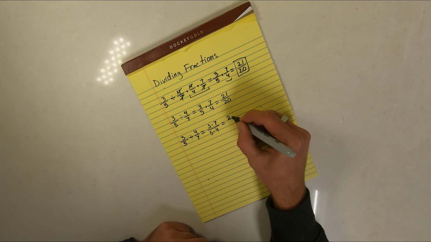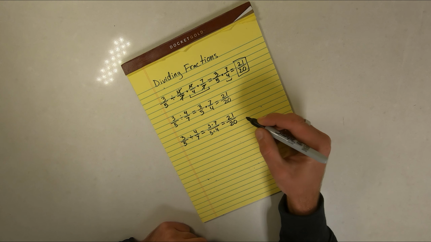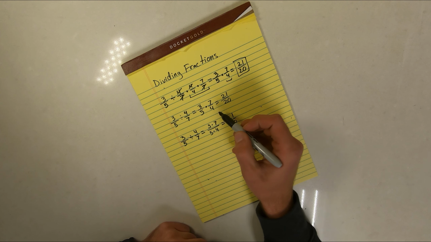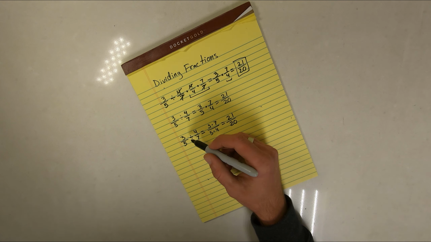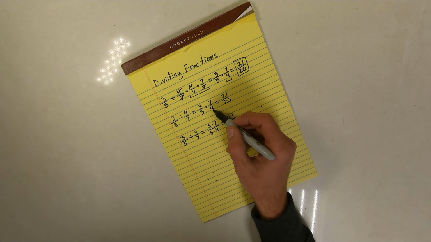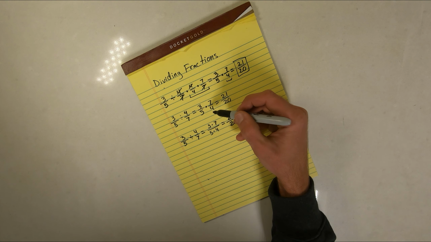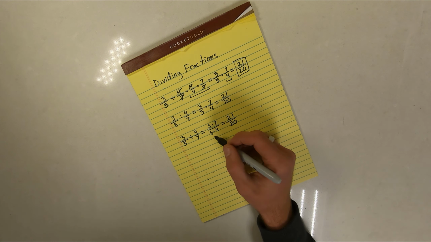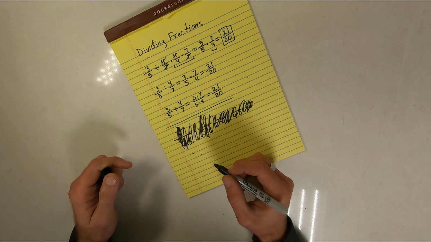As you can see, we get the same number. That's because we're basically doing the same thing. When we cross multiply, we're basically multiplying by the reciprocal. We're just skipping this step of changing the second fraction into the reciprocal and going straight to our multiplication problem.